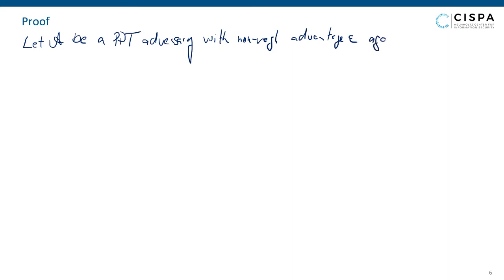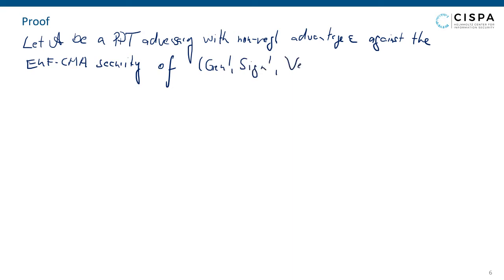Let A be a PPT adversary with non-negligible advantage epsilon against the EUF-CMA security of Gen', Sign', and Verify'.